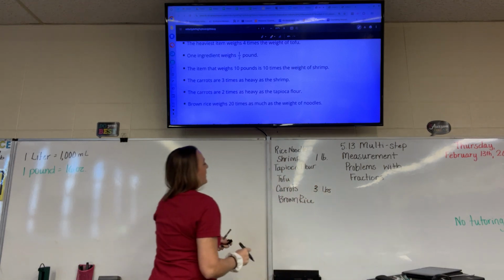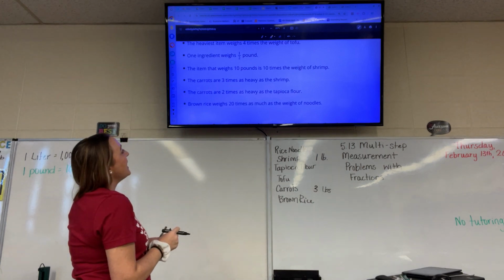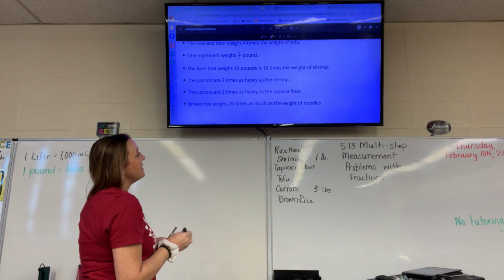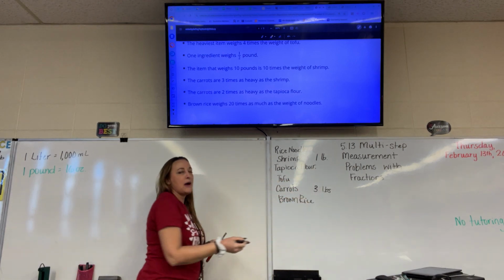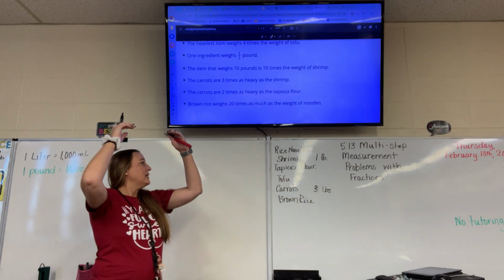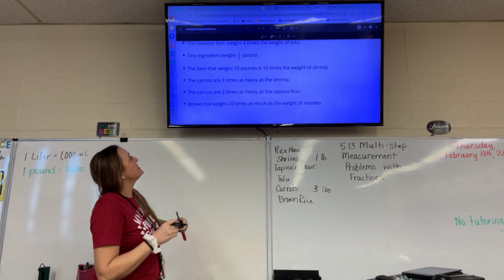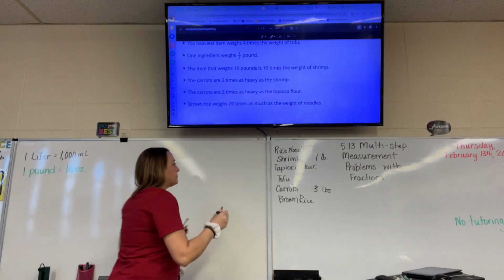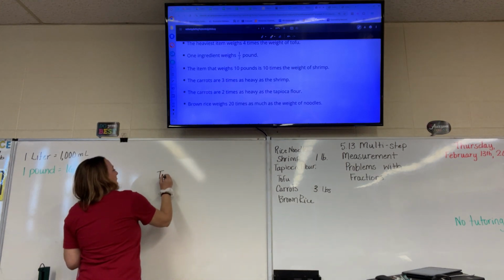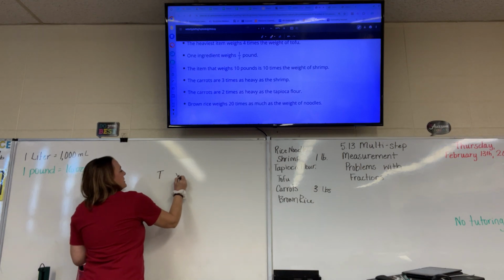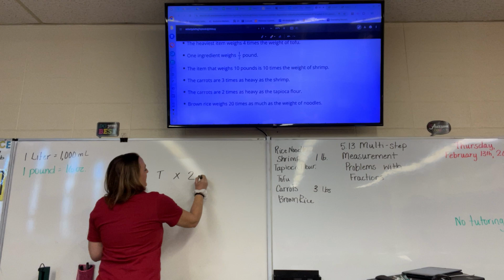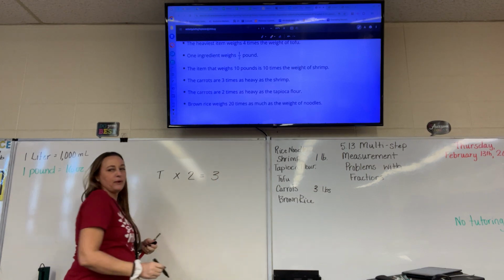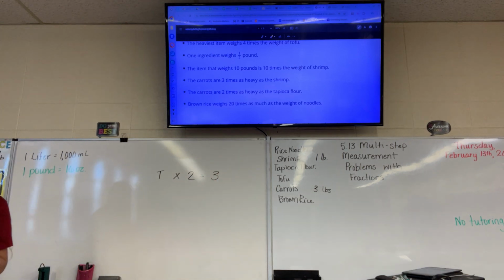3 pounds. Okay. Then it says the carrots are 2 times as heavy as the tapioca flour. So you see the tapioca flour is higher than the carrots, so that means it's lighter. So the tapioca flour times 2 equals the carrots, the 3. You with me?